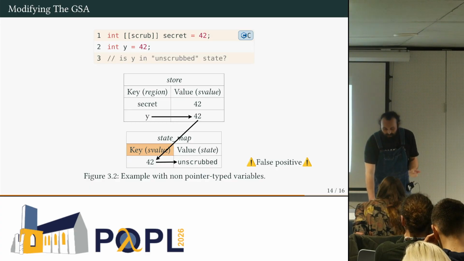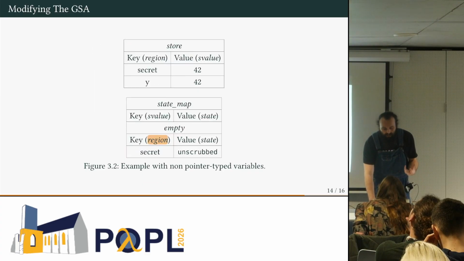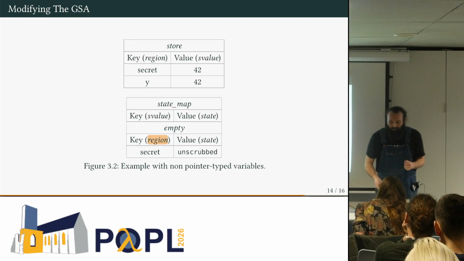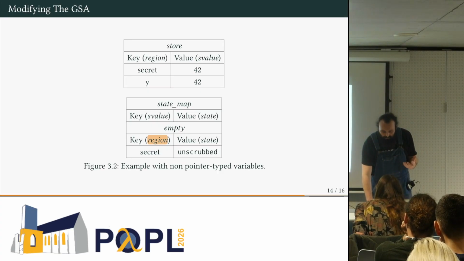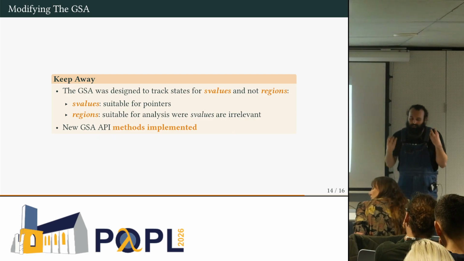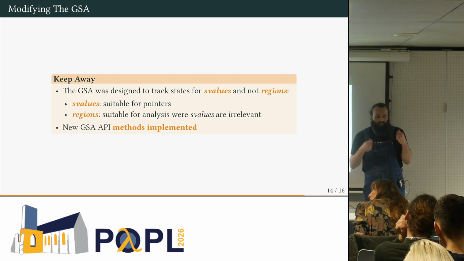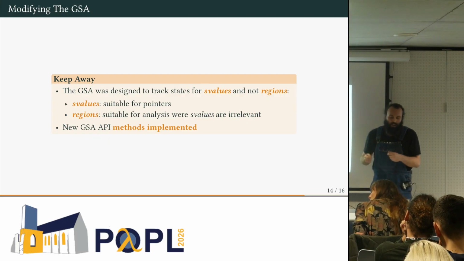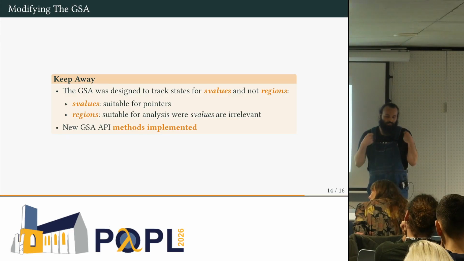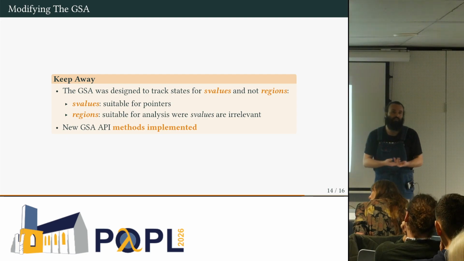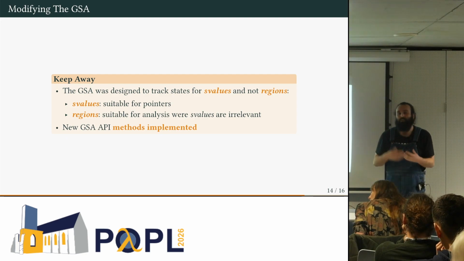So we modified the analyzer to also be able to associate states with the notion of region, so the notion of memory cell itself. To explain our modification: the GSA, the GCC Static Analyzer itself, was really designed to track states of pointers, rather than regions, for example integers.